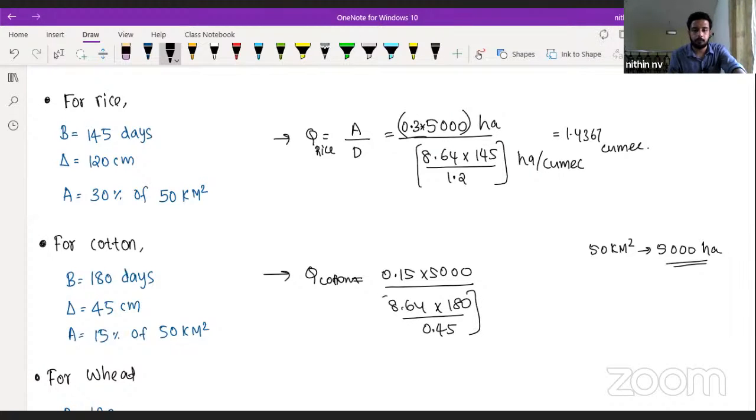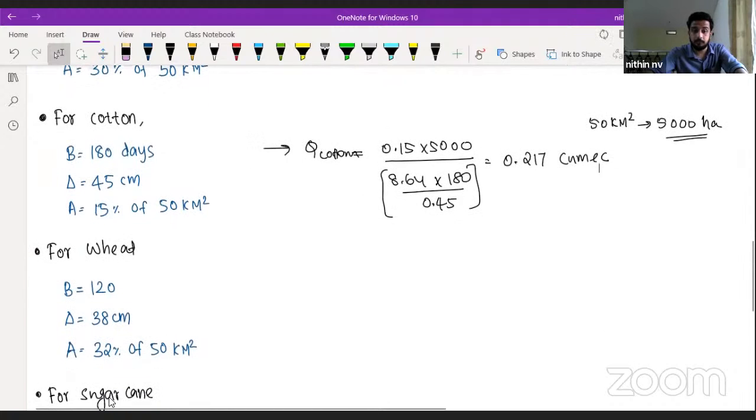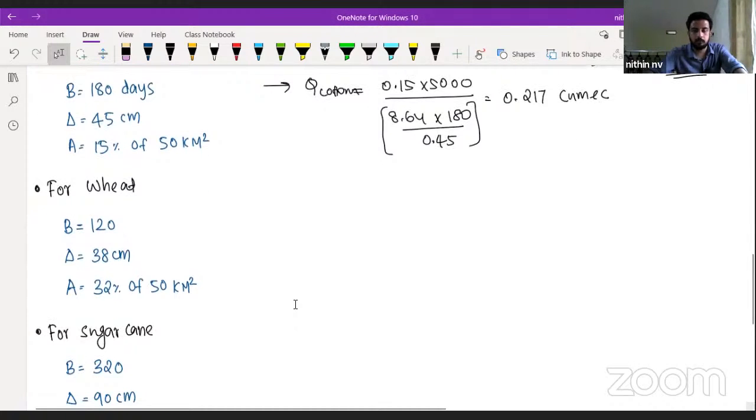Okay, properly note down the units. For cotton, you will be getting 0.217. Am I right? Yes. Cubic. Please compare your answer. 274 or 217? Please tell me.